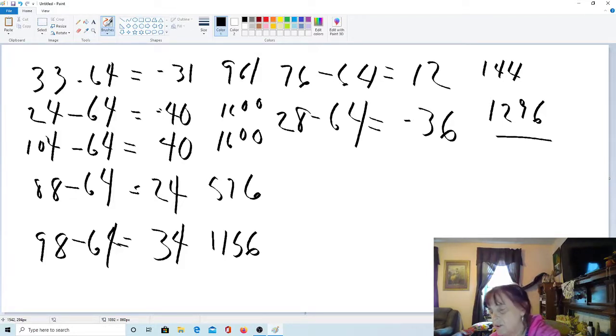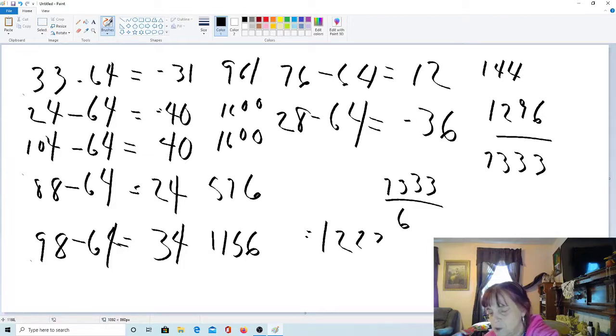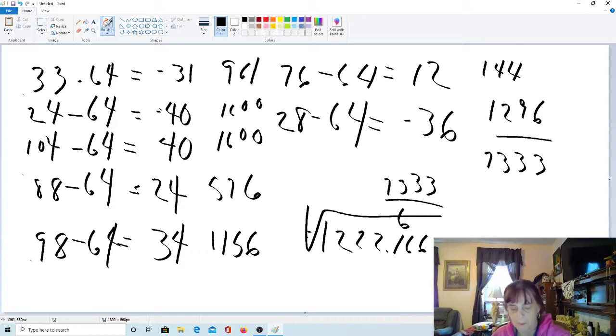You get 7333. 7333 divided by, you have 7 numbers, so you divide this by 6. 7333 divided by 6, and you get 1222.166, and then you find the square root of that number.